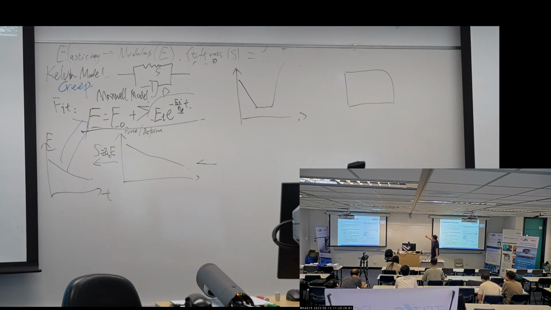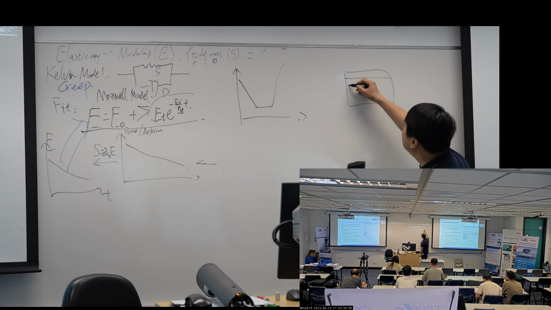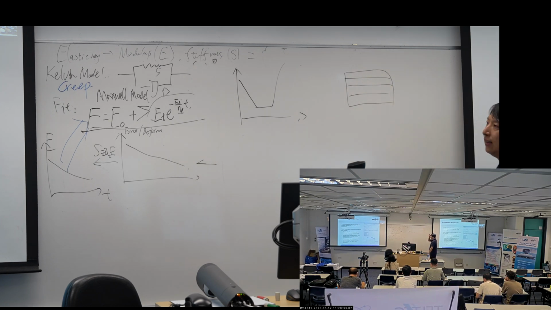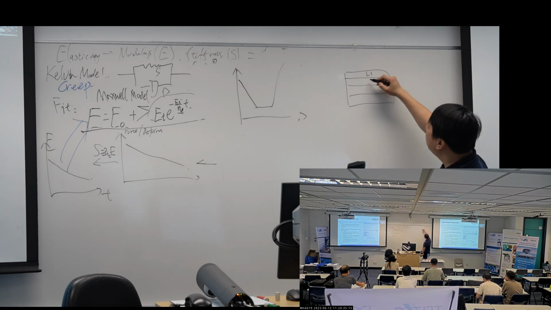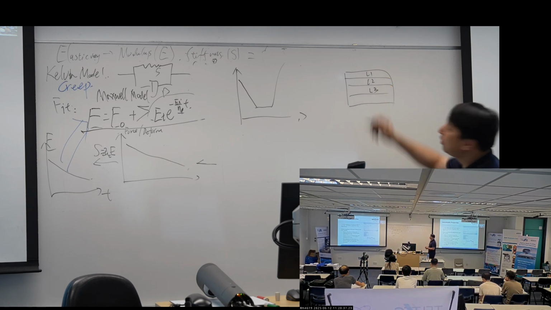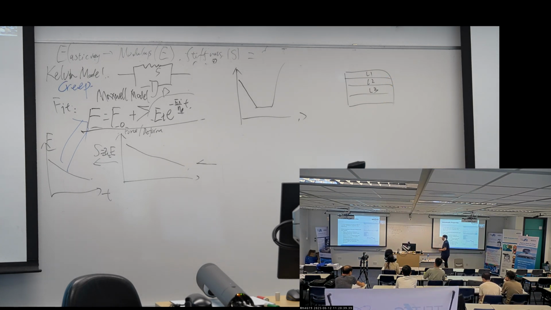For example, they have several layers: layer 1, layer 2, layer 3, and they want to study the viscoelastic properties of different layers.